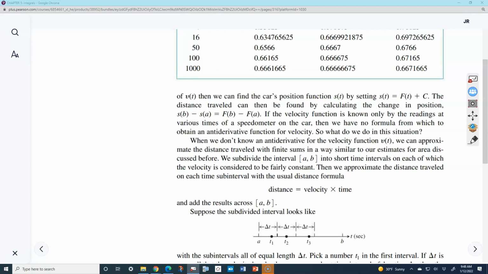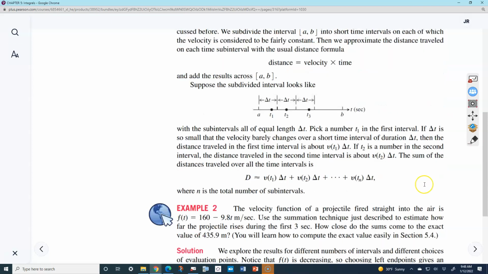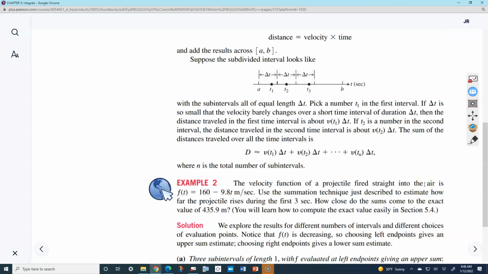So suppose the subdivided interval looks like that. All right, so from time a to time b, you're subdividing that full time interval into smaller time intervals, dividing it by delta t. So delta t would be however many intervals you want.